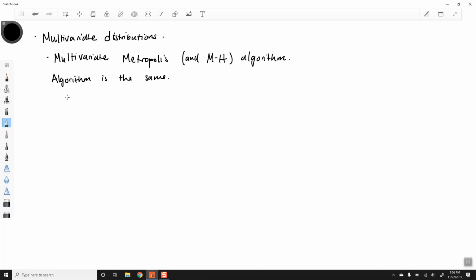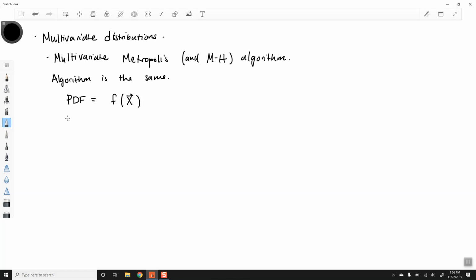Now your PDF is going to be some, what have we been calling the target distribution? It doesn't matter, F, and now it's of some multivariate vector, x. So your PDF is this.